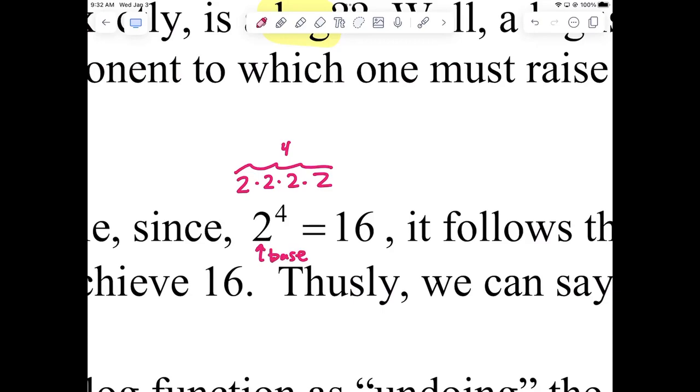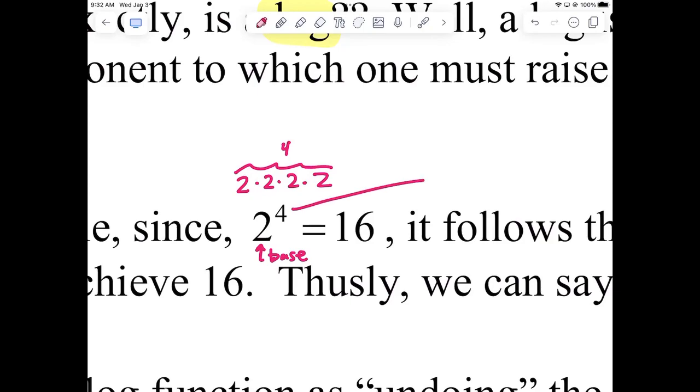We have 4 of them, and when you multiply 4 2's together, you get 16. So we can actually turn this mathematical sentence on its head and talk about what this is in terms of a log. If the log is the exponent, what must be the log? What's the exponent in this problem? 4.